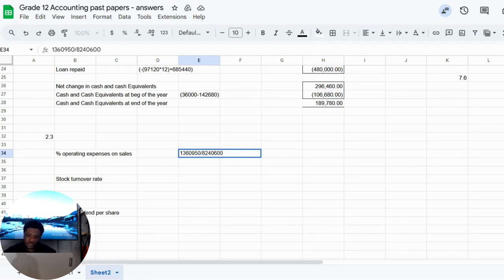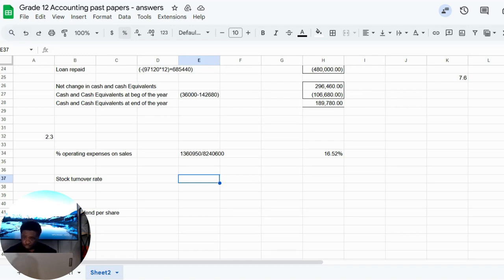I don't need to multiply on Excel. I can just turn the whole thing into a percentage. So that's how it works out. And so as a percentage, that's basically 16.52%. Obviously, I've rounded off to 2 decimal places. You should check at the beginning of the paper how you should round.